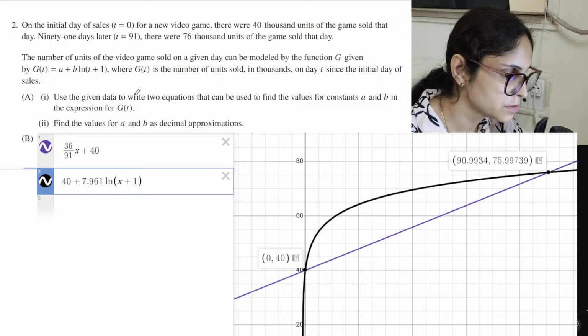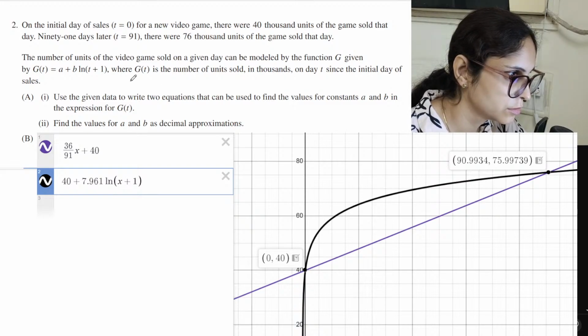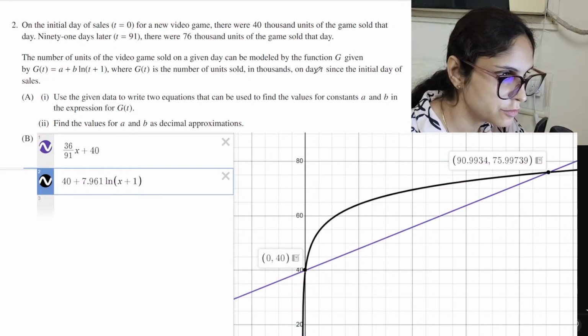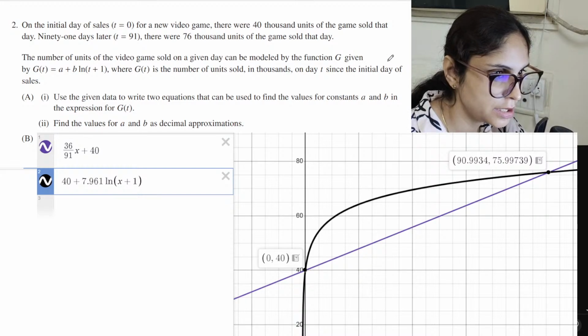In the graphs, over 0 to 91, G of T is above A(T) at all times.